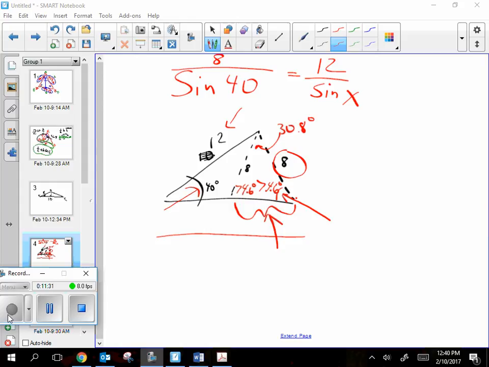Sine 8 over 8 over sine 74.6 would go with, we can call it y, okay, y over, you got it. I just wanted to talk over the setup of that, and how many of you think you could have done that? Okay.